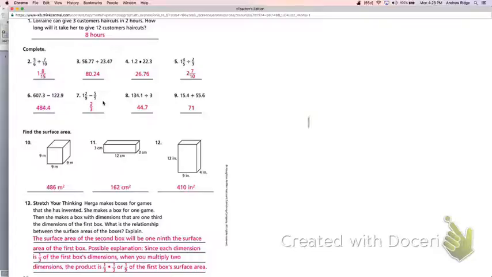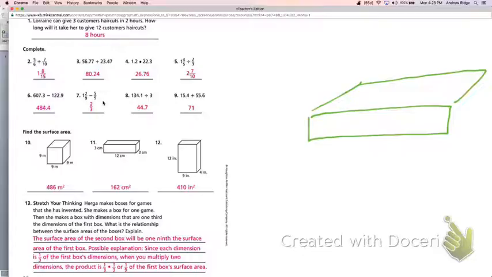Right, she makes 1 box, looks like this. She's got a height of 3, length of 9, width of 6, right? And then she makes the same box, only she makes it 1/3 the size, right?